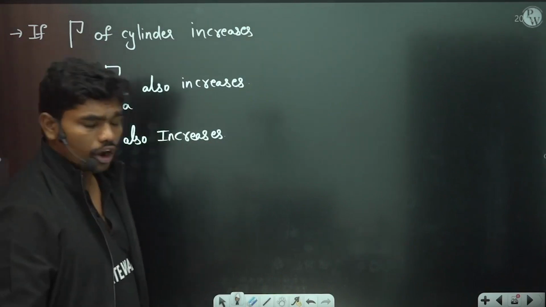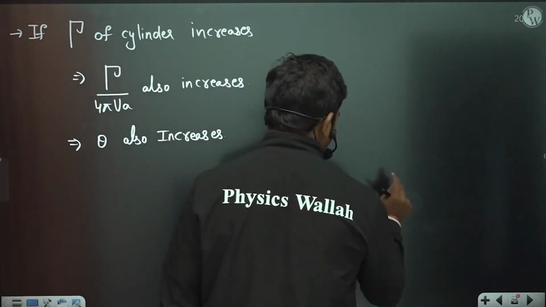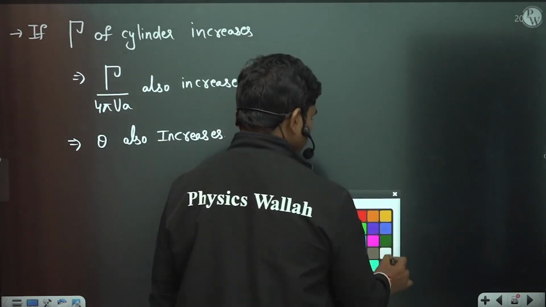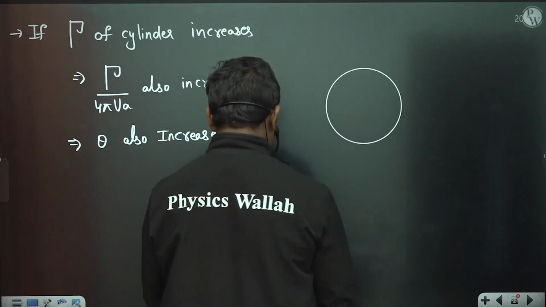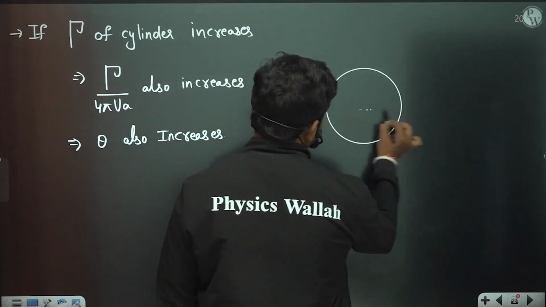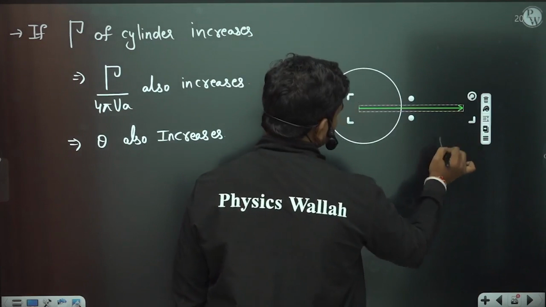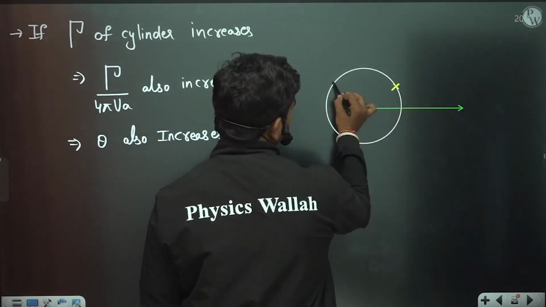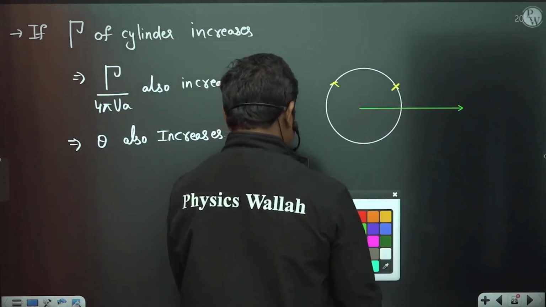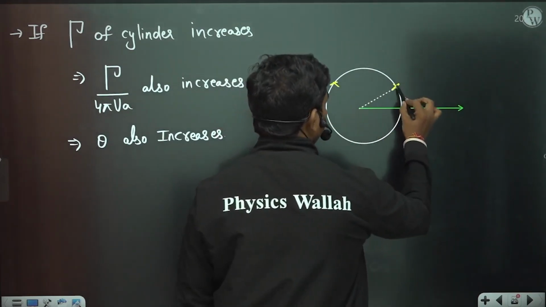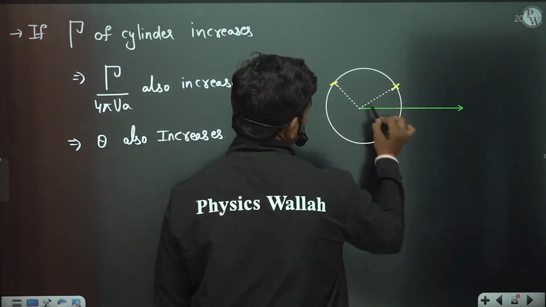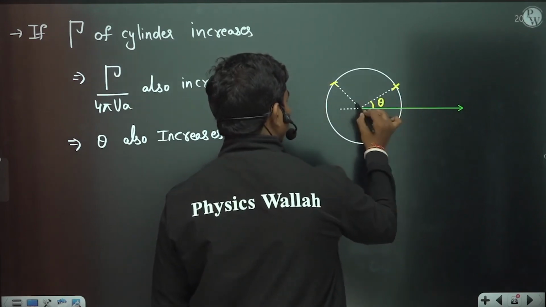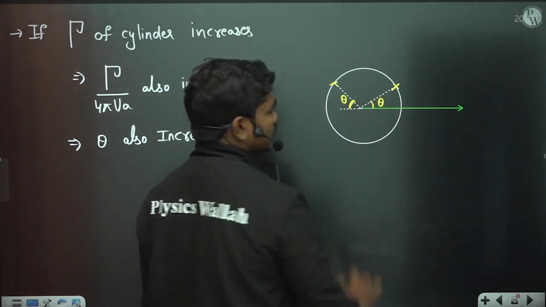So when theta increases, look what happens. I will ask you one thing, so try to understand this. There is a circle. Normally the stagnation points are on the same horizontal level, such that if this is theta, then this is also theta, so that the sum of these two angles is 180.